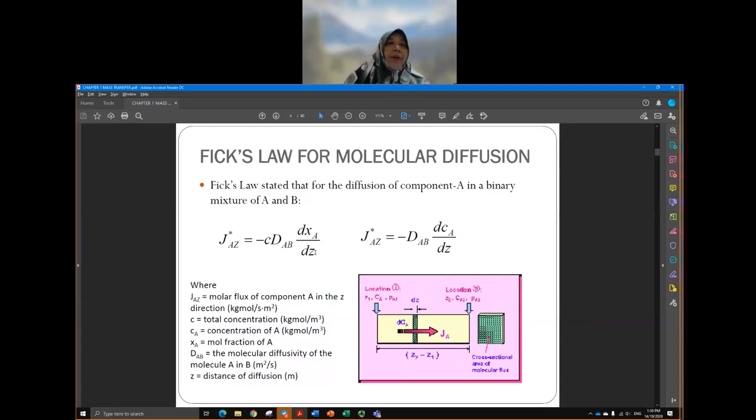That will later represent the distance of diffusion, meaning that a particle moves from A to B, for example, from 1 meter to 3 meter. So the total distance would be 3 minus 1, which is 2 meter. Okay, so this is the basic concept of Fick's law.